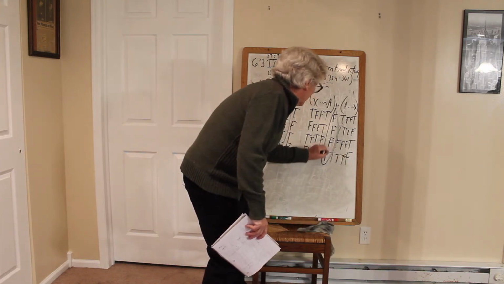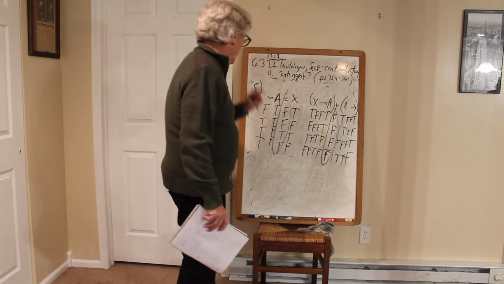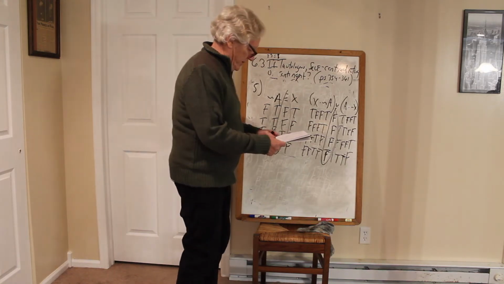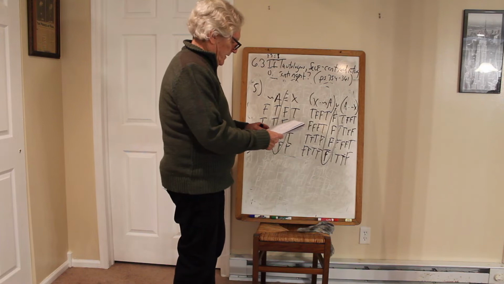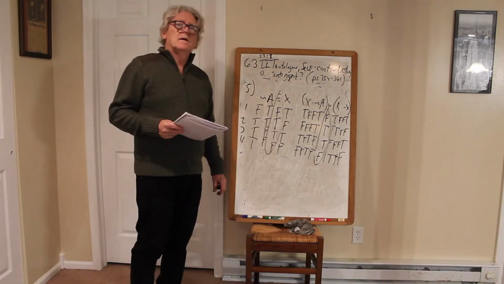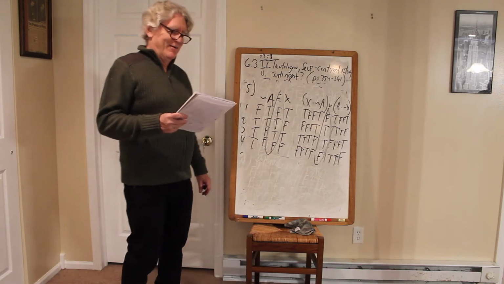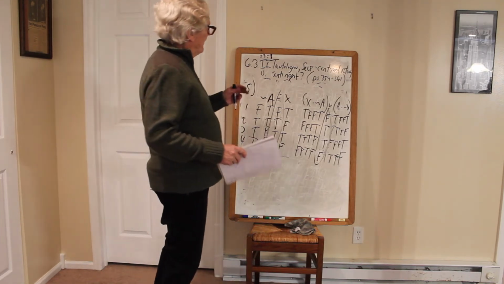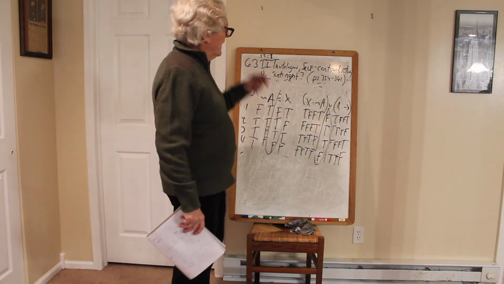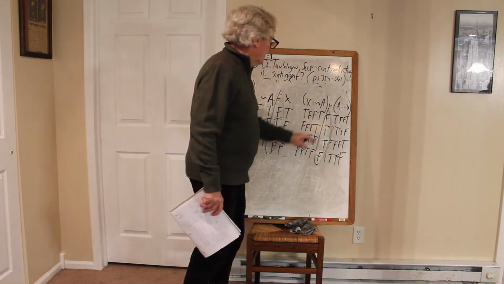False or true is true, and it's the same on every row. So it's two trues and a false. Okay, I've corrected myself yet again here. So the values under the main operator here are false, true, true, false, and under the main operator here, the OR, you'll find the same thing.